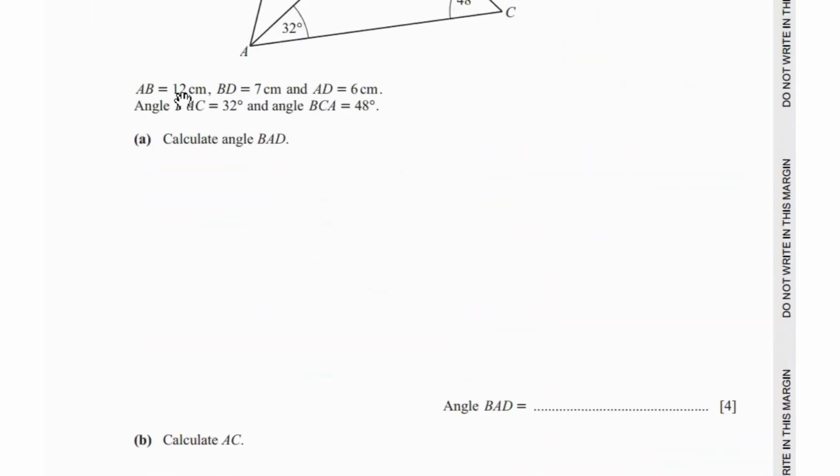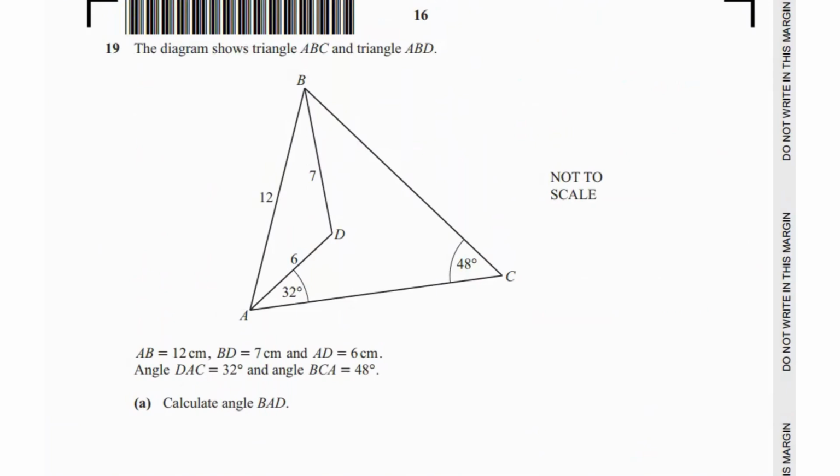Then calculate the length of AC. This is AC. So we know this is 24.53. We have the complete angle now for A. So BAC is going to be 24.53 plus 32, which equals 56.53 degrees.